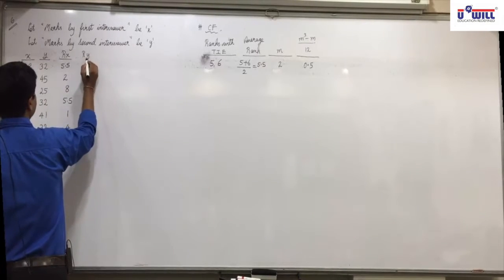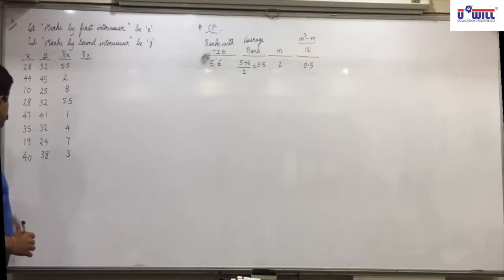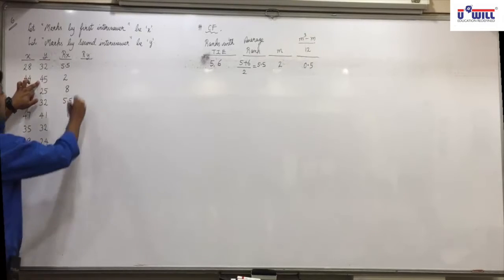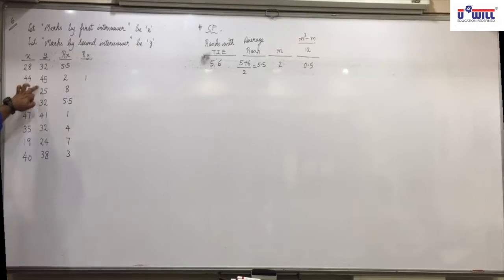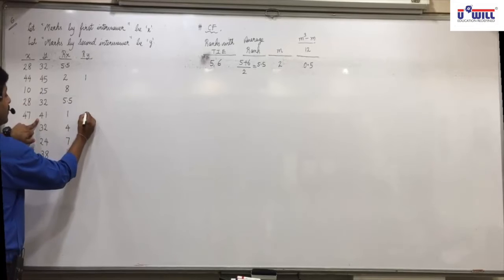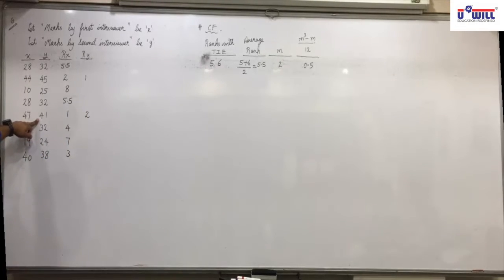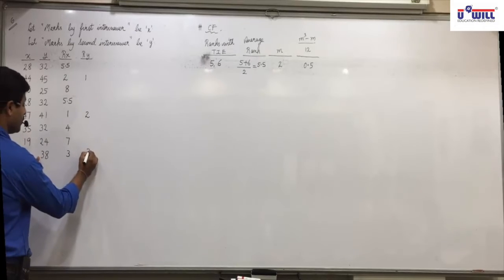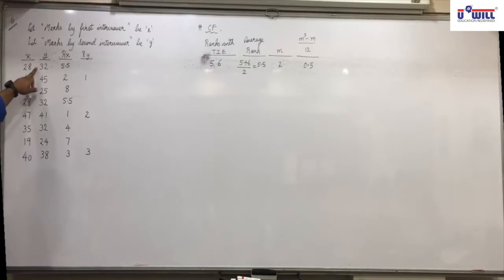Ry: highest is 45, first rank, 41, second rank, after 41, 38, third rank. After 38, now 32 comes how many times?